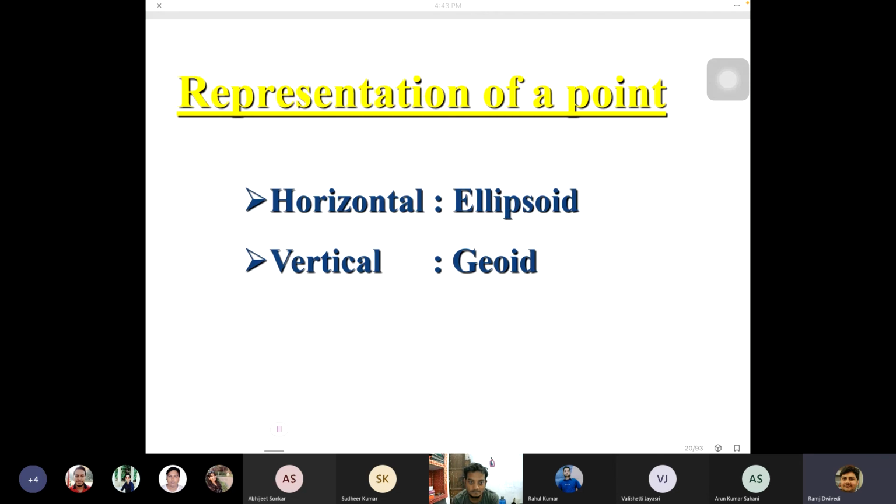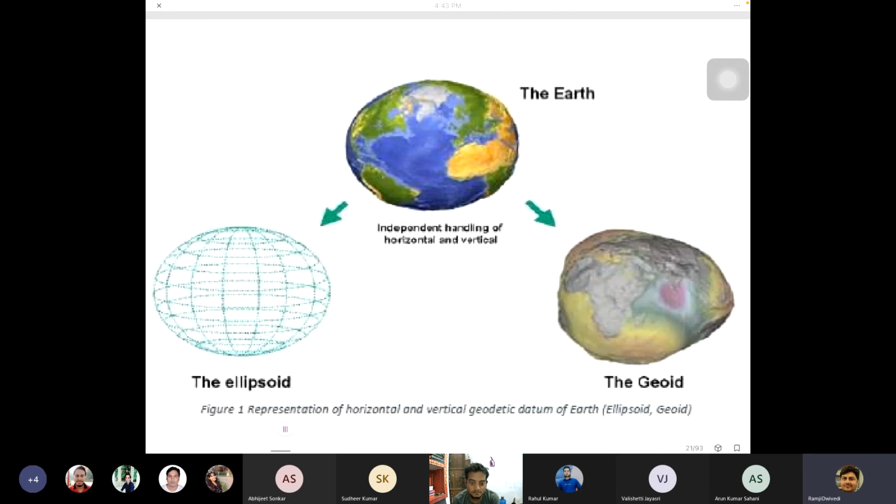The earth is handled independently for horizontal and vertical, with representation of horizontal and vertical geodetic datum by ellipsoid and geoid.